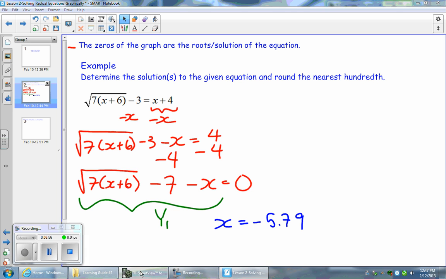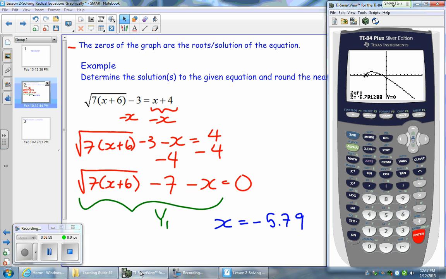But we also have to find the second point of intersection. So go back to your calculator, and we're going to find the second point of intersection using the same features. So 2 for 0, get on the left of the 0, so right on top of it. You're going to press enter. Then you're going to get right below it, so right to the very right of your 0. And you're going to press enter again, and enter at guess.